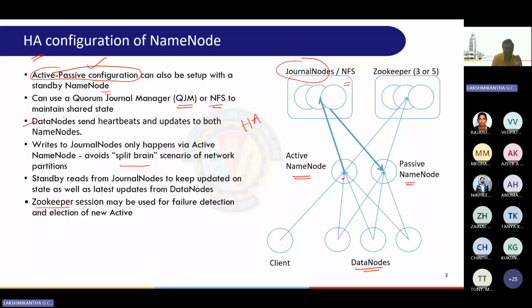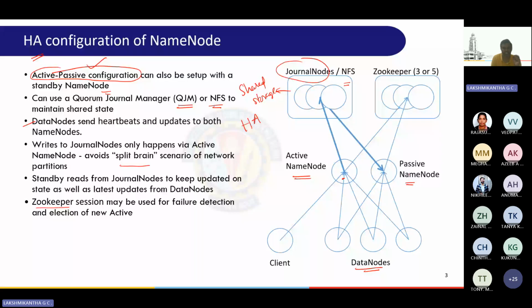So here I mentioned, right, shared storage. Let me write here. This is shared storage for the metadata actually. The active name node writes to the journal node, and what is the passive one going to do?